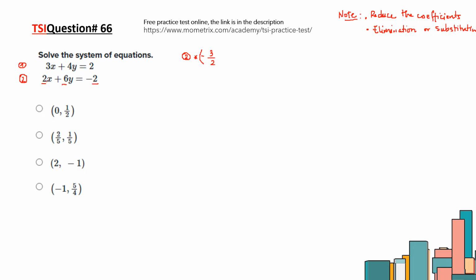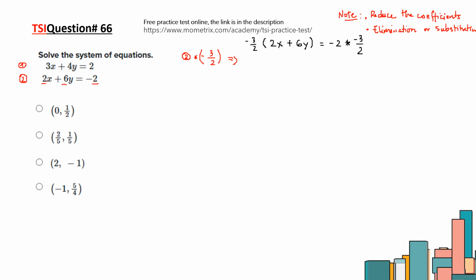Now my equation number 2 becomes negative 3 over 2 times 2x plus 6y, that equals negative 2 times negative 3 over 2.